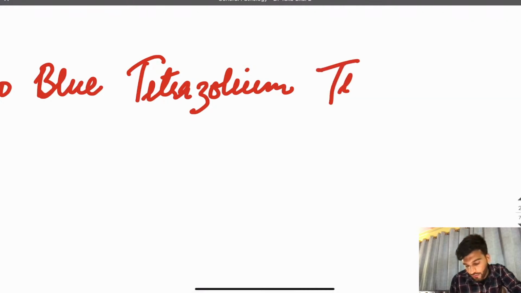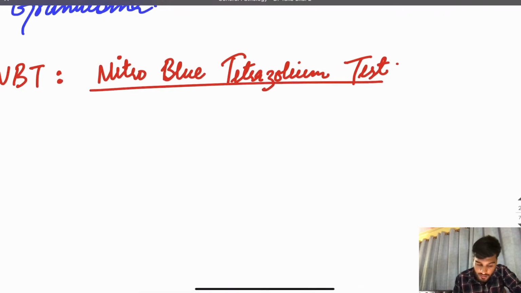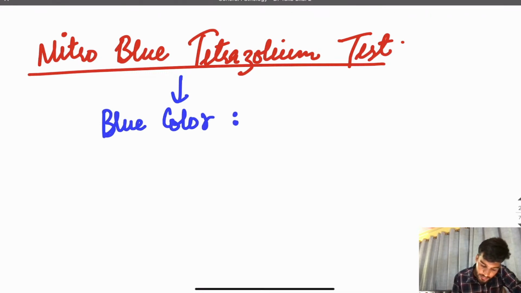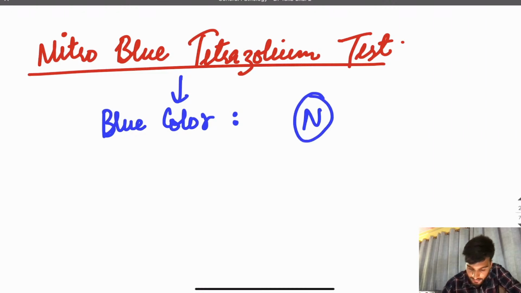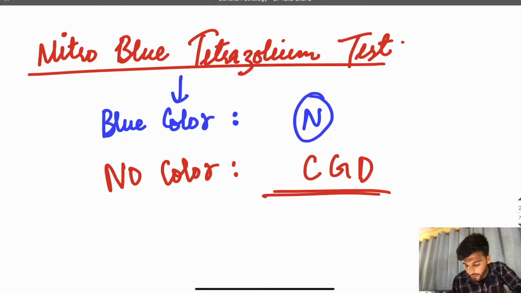And about this test, if there is blue color in the cells after the test, it's normal. If no color, then the patient has chronic granulomatous disease, CGD.